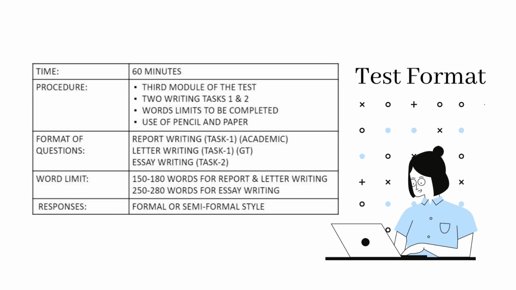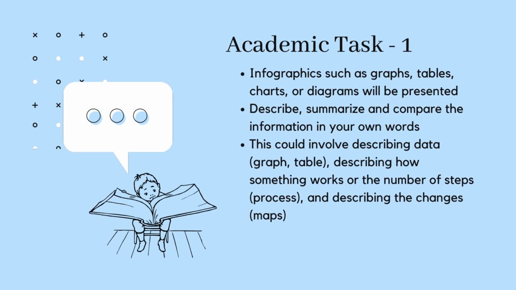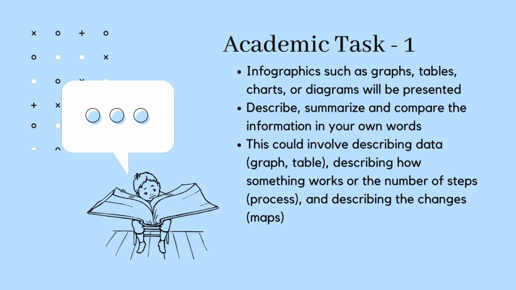Starting with task 1 for academic IELTS. Here, an infographic such as graph, table, chart or diagram will be presented to you. You have to describe, summarize and compare the information in your own words. But make sure that you do not give your view or opinion about that.